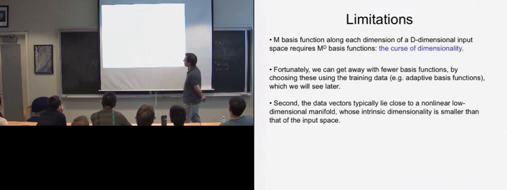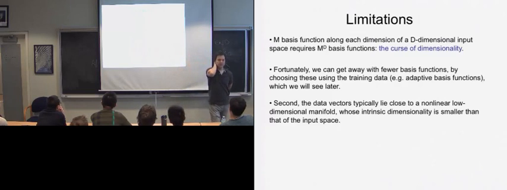And the other thing I just want to point out at the end of today's class is that data vectors typically lie close to some nonlinear low-dimensional manifold, right? Because the dimensionality is going to be smaller than that of the input space. In which case, you might want to discover what that underlying manifold is. And again, that's something that we'll probably look at in the second half of the class.